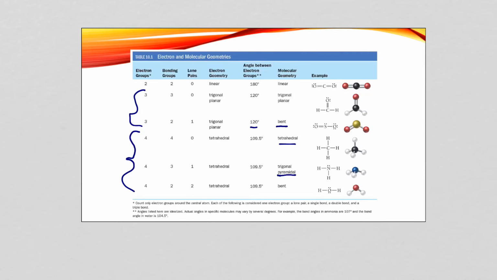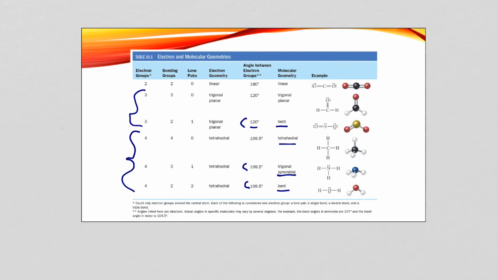And if we have 2 bonds and 2 lone pairs, again, we have the same basic shape, but we call it bent. In all of these cases, the bond angles are 109.5, or with the ones with lone pairs, they're going to be less than 109.5.